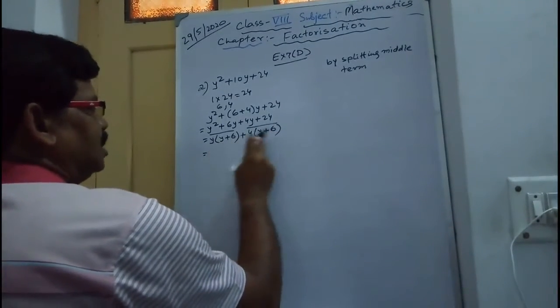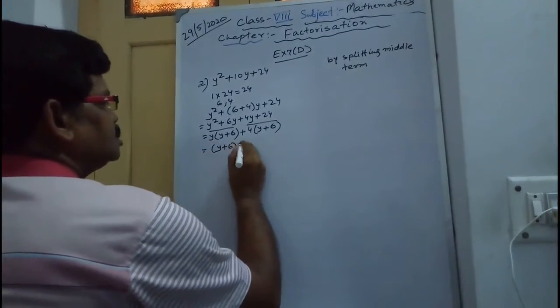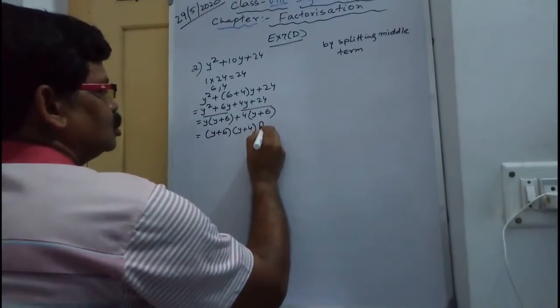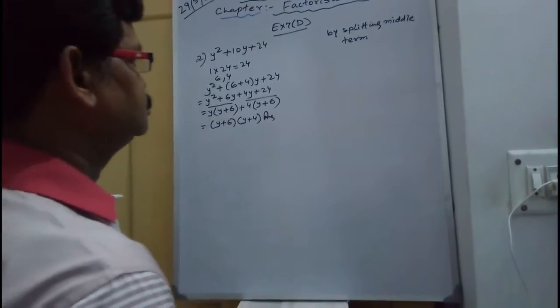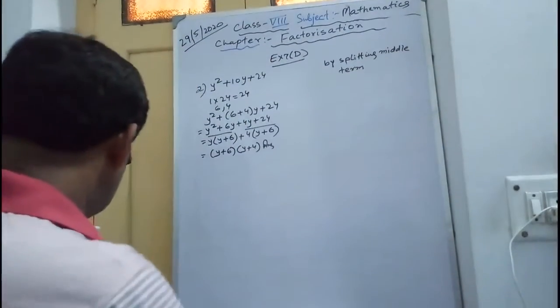Now y plus 6, from first only y, from second 4. So these are the factors of this question.